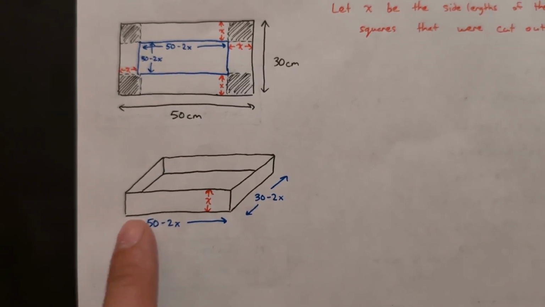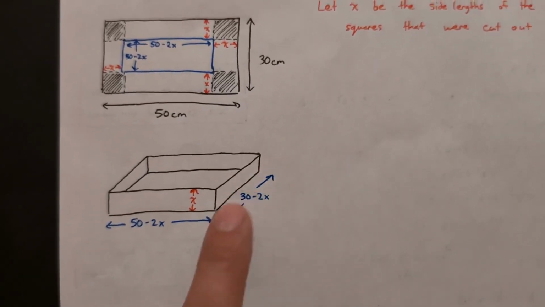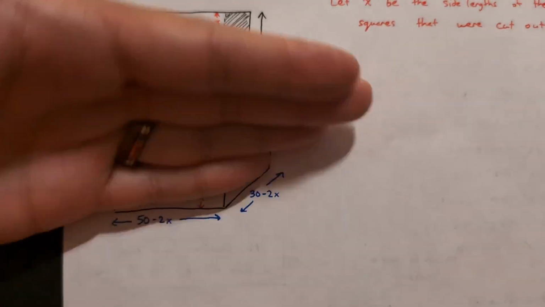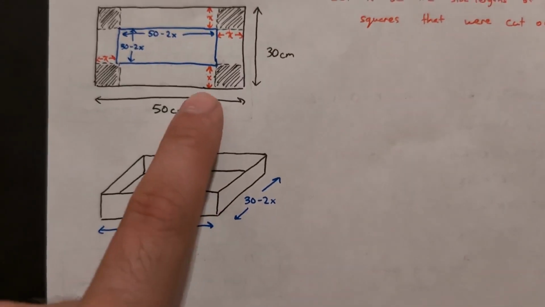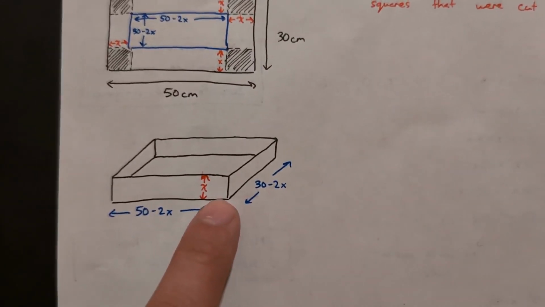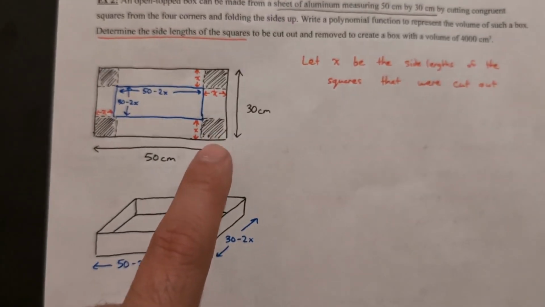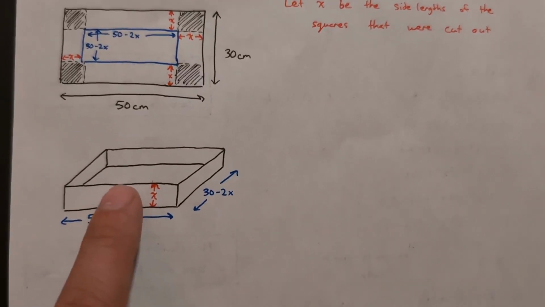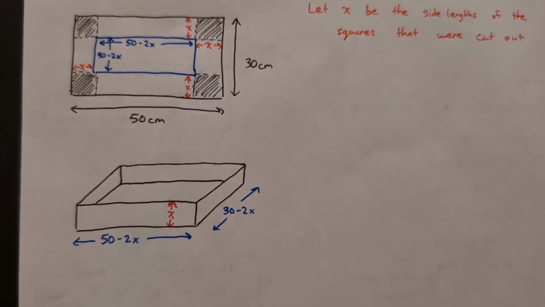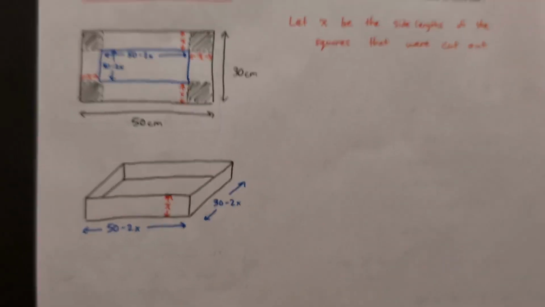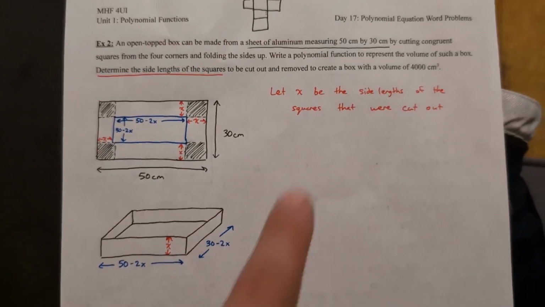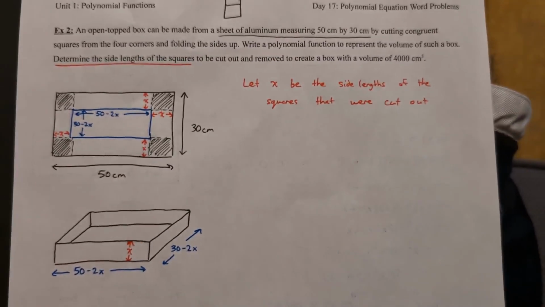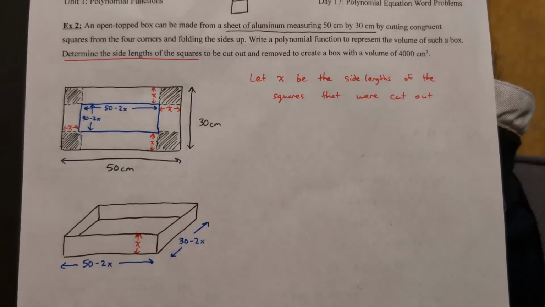You have the length and width of the box, and the sides that got folded up have a height of x, matching how much we cut out of the squares. So we get an open-topped box that looks something like this. We want the volume of that box to be 4,000 centimeters cubed.